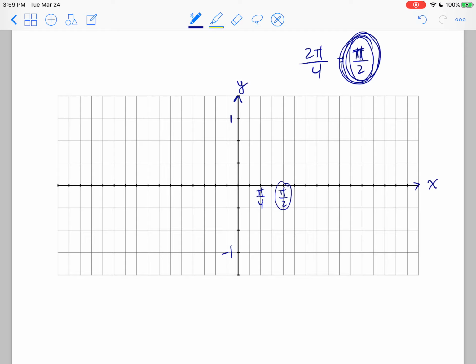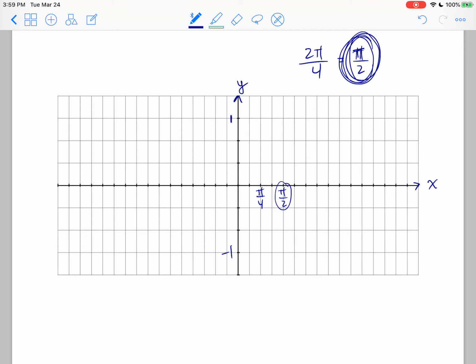I need a common denominator between the phase shift and the period. There's one of those problems on the problem set. It's actually number 2 on the problem set that I'm assigning for tonight. And I might make a video just going over that one problem once the assignment's due.